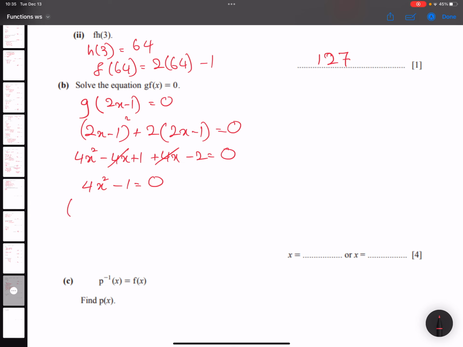This is the difference between two squares. So 2x minus 1, 2x plus 1, so x is 1 over 2 or minus 1 over 2.